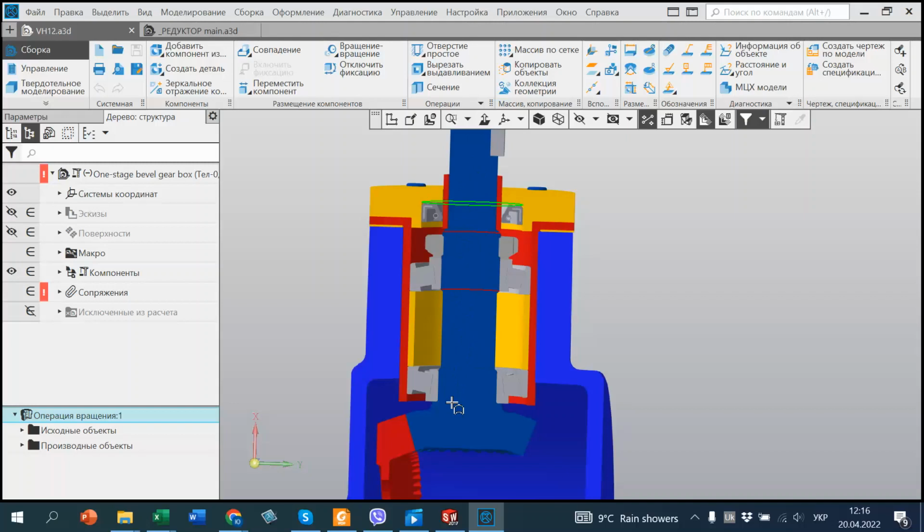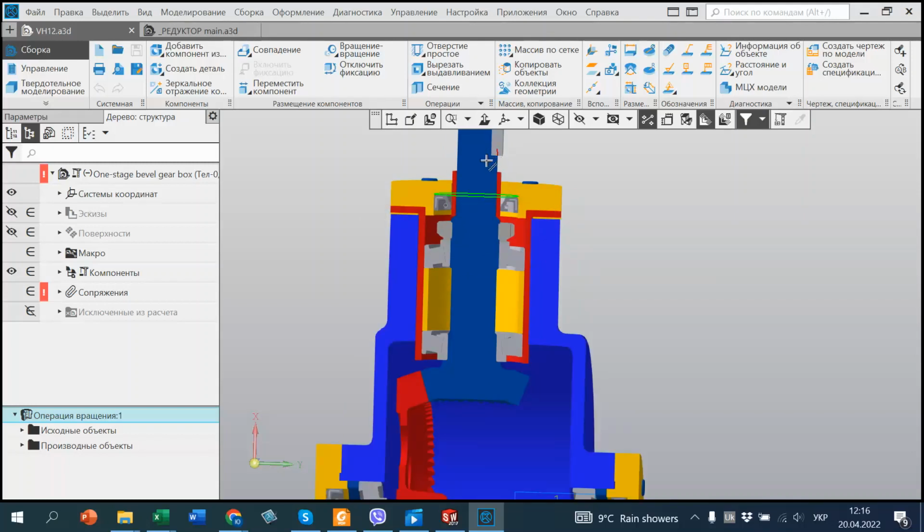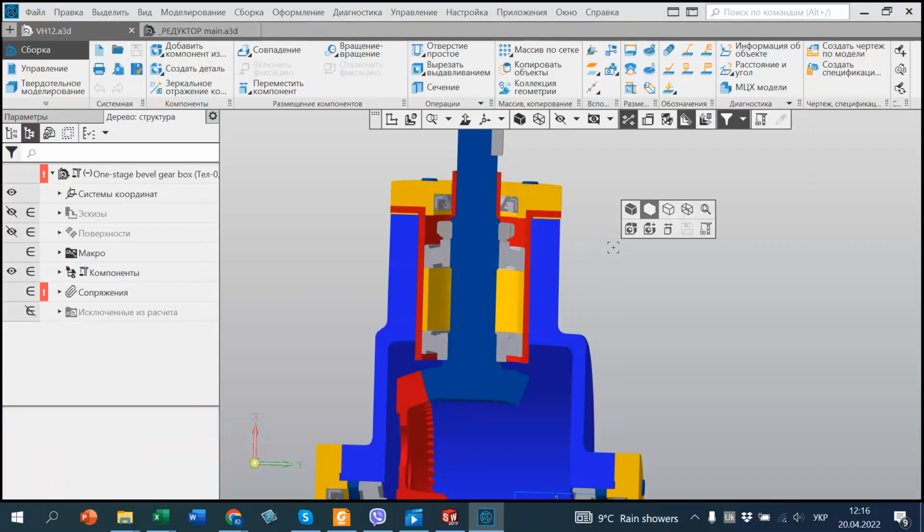Input shaft, which is the same with the pinion, the same material. We have two bearings, oil seal, cover, key. We selected them in the previous class: the bearings, ring nut, oil seal, and key.